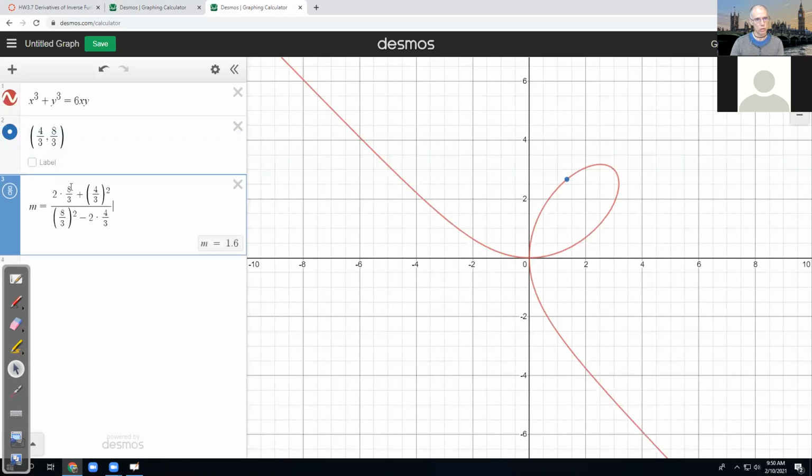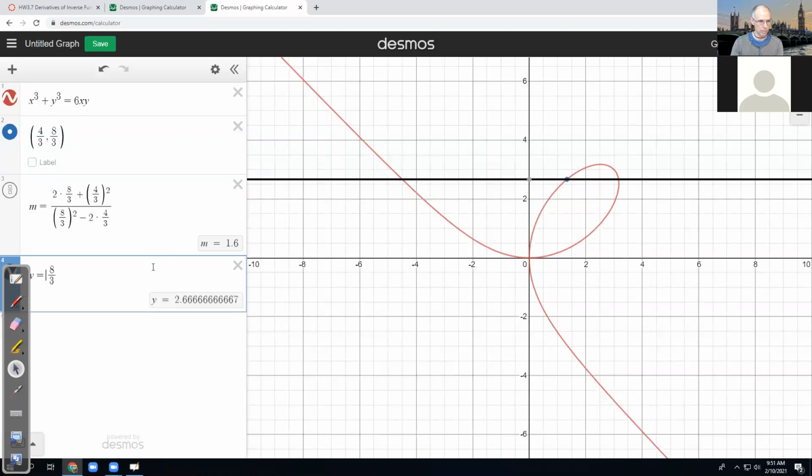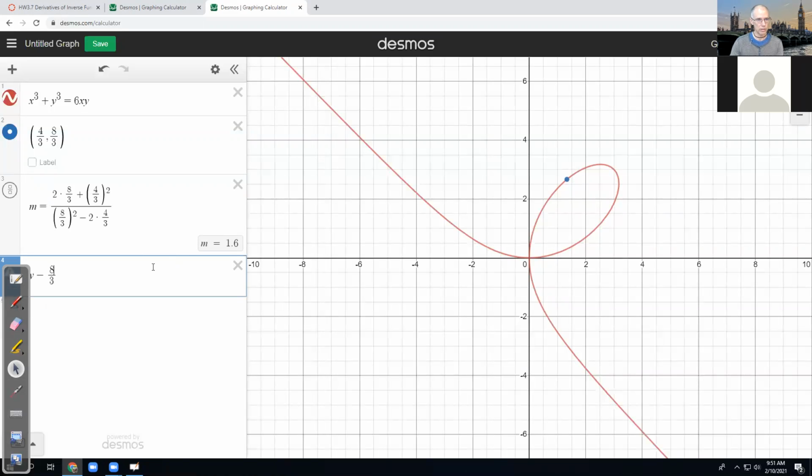So that should be the slope. And let's check it. y minus 8/3. Oops, it's not a minus. Equals the slope m times x minus 4/3, right?